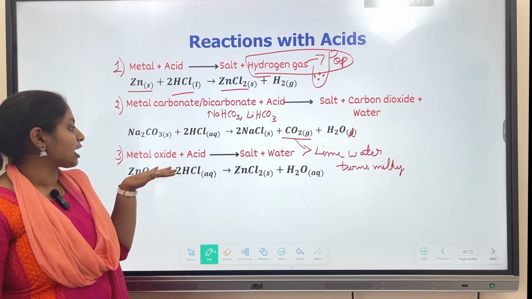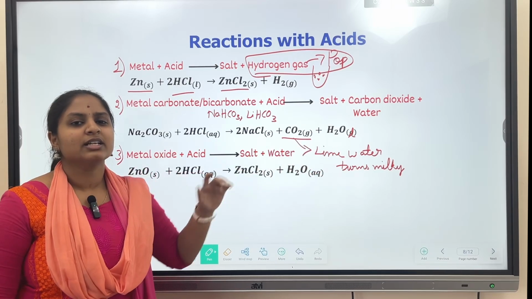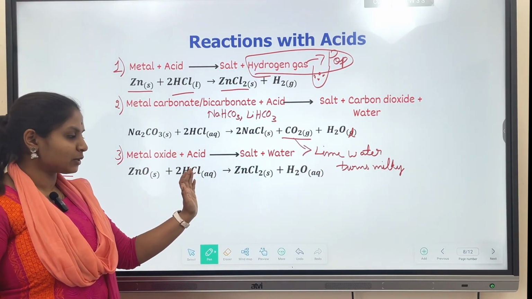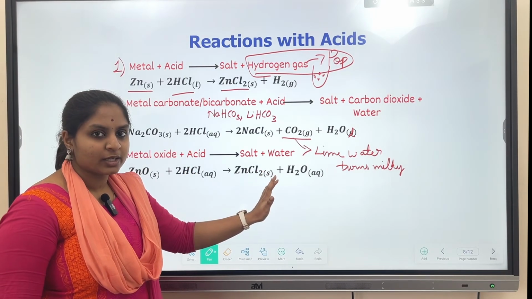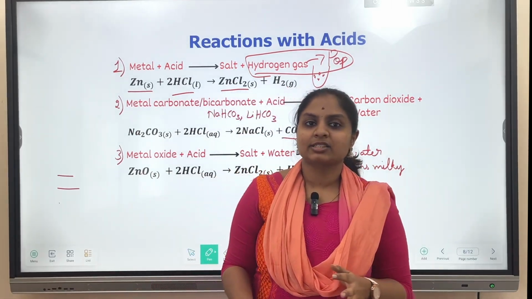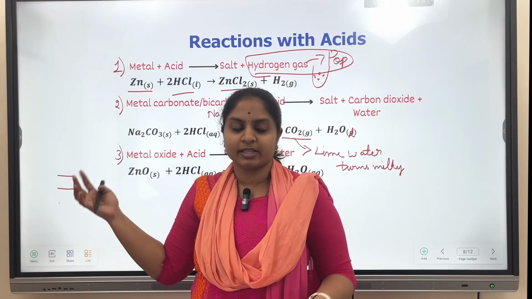Now the third type of reaction is when a metal oxide reacts with acid, we will get salt and water. This is a simple displacement reaction where zinc oxide is reacting with HCl, we will get zinc chloride and water. This solution is formed. So these are the three types of reactions on how acid reacts with different compounds.